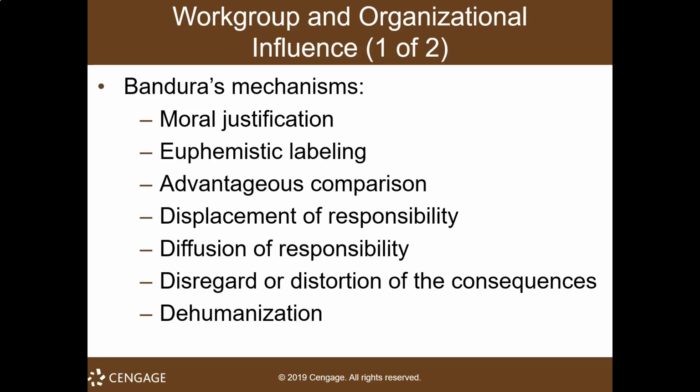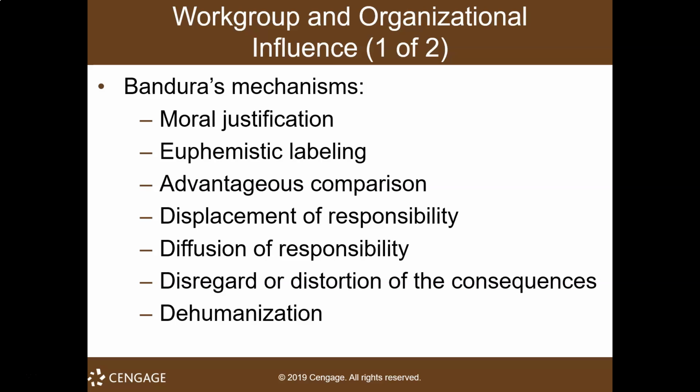He talks about moral justification. This is an appeal to a higher or more important end to justify the wrong act. Euphemistic labeling: by using words that downplay the seriousness of actions, the true moral nature of such actions is ignored.